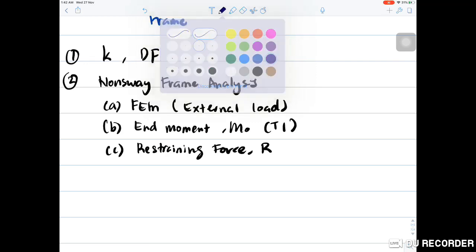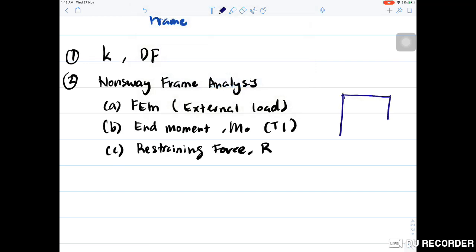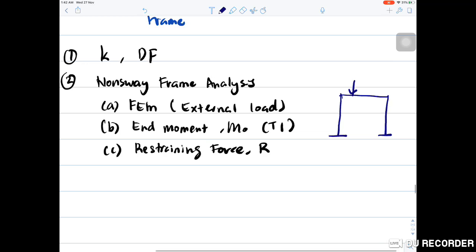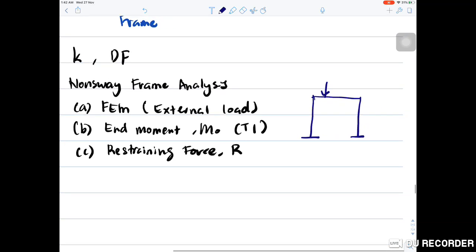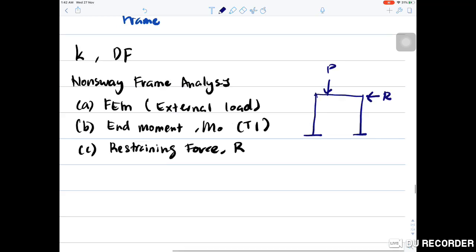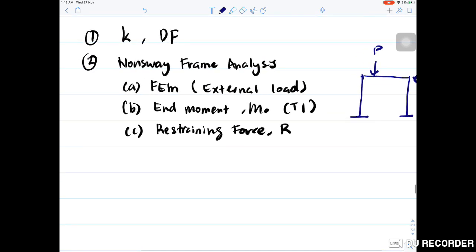So this will be based on this one. Let's say like this. So this is a restraining force here, which comes with the support.